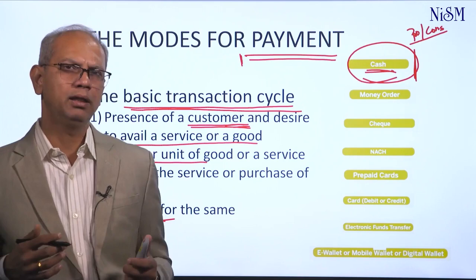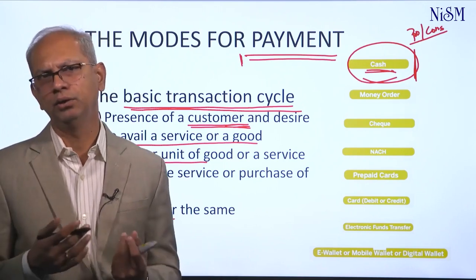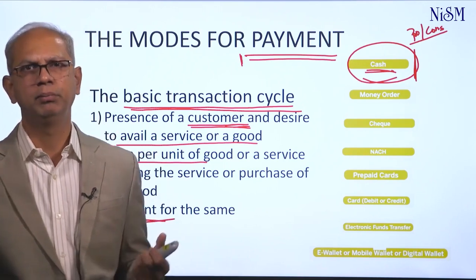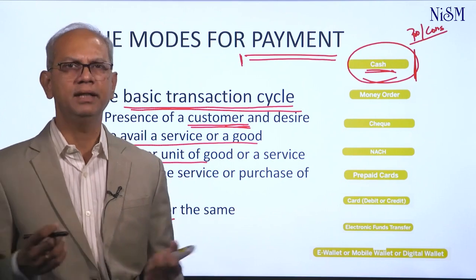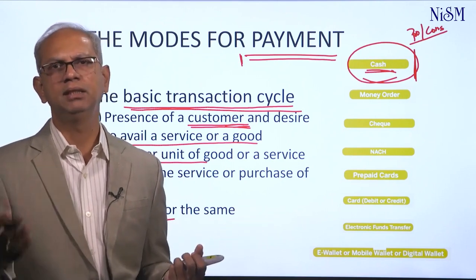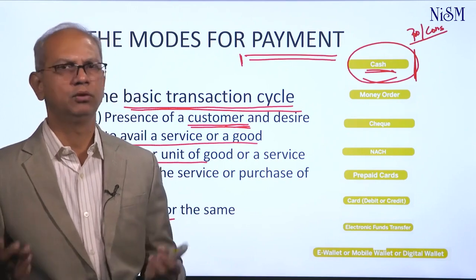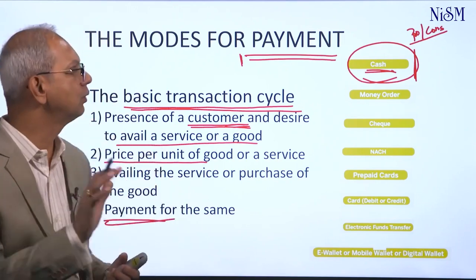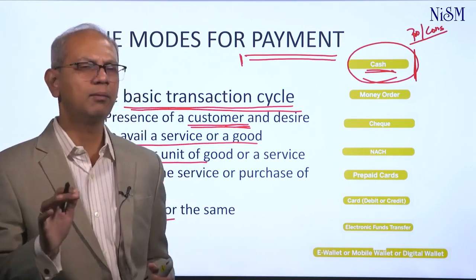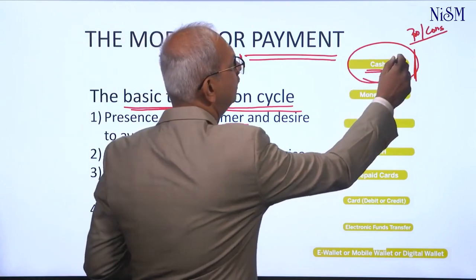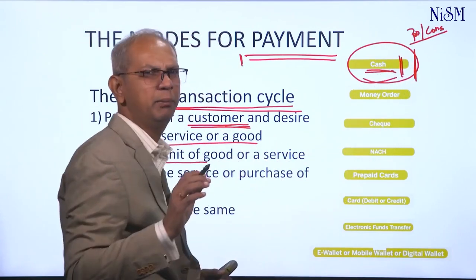Plus you will have a security threat if people find out that you are carrying a lot of cash. Cash can be easily prone to theft, stolen from your purse or your wallet. So these are the disadvantages of carrying cash and closing transactions in terms of payments.